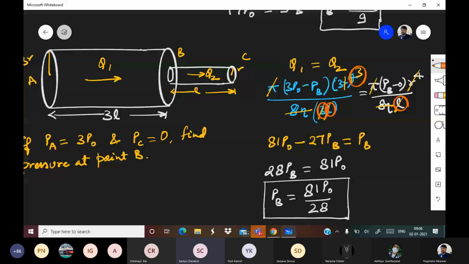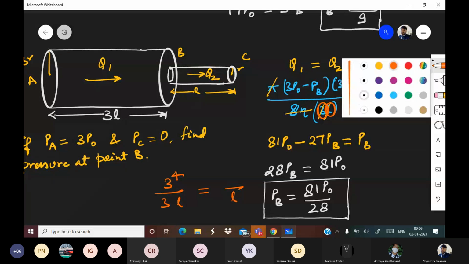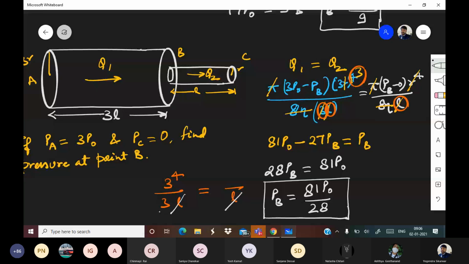Okay, pay attention. This was 3 to the power 4 and this was 3. This is L this side, this is L this side. So I cancelled this L with this, and this 3 with this. And this 3 to the power 3 became 27.